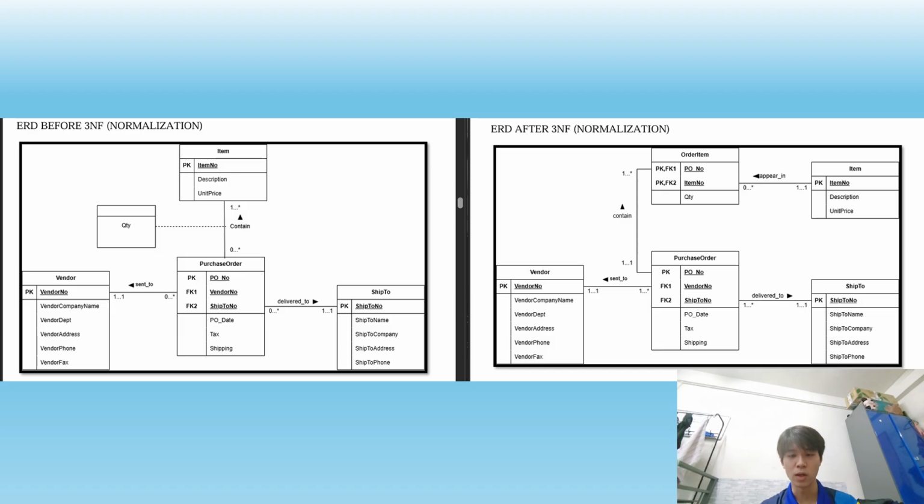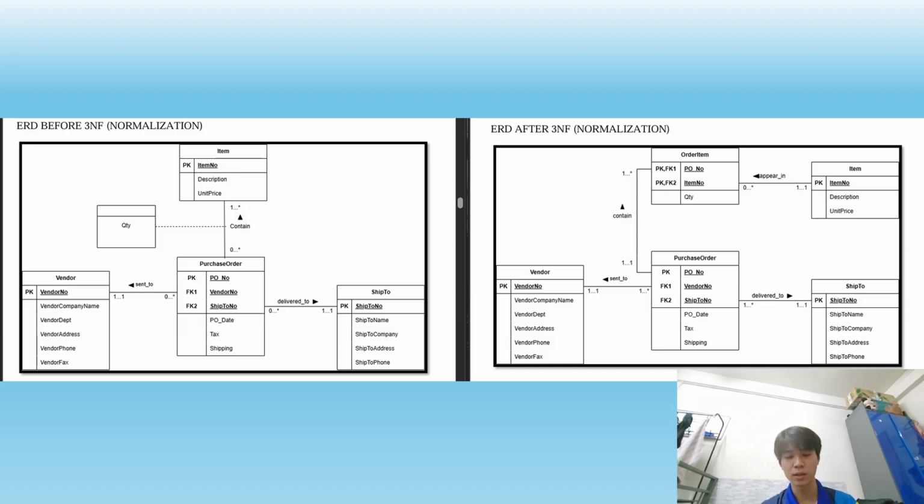For ship to to purchase order, one location can receive many purchase orders, but one purchase order goes to only one location. For purchase order to item, one order contains many products, but one item appears on many orders also. So that's why we have to add an additional entity, which is order item.